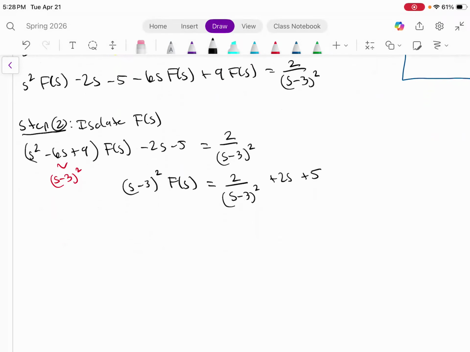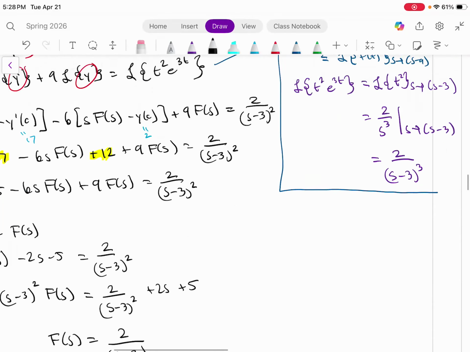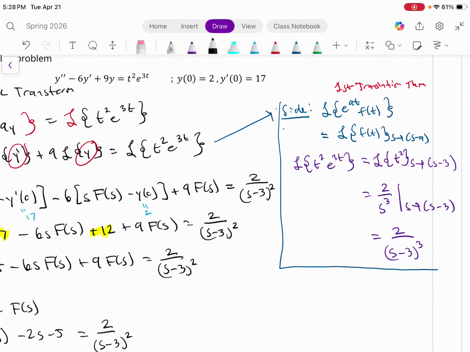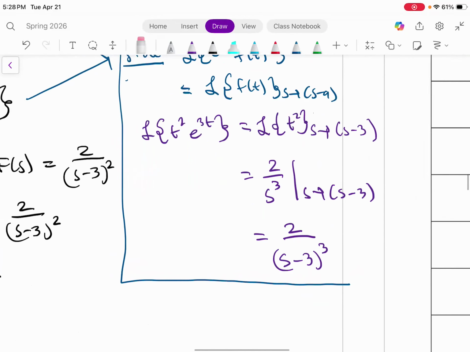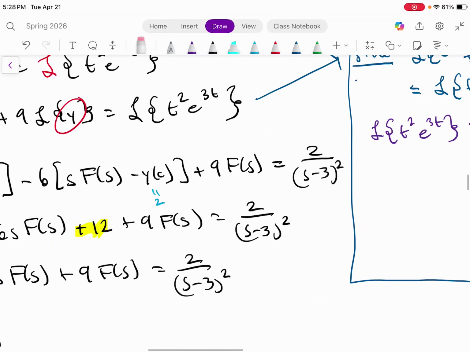And now what I want to do is divide over that s minus 3 squared. So when I divide over that, what I would end up with is 2 over s minus 3 to the... excuse me, we found that it was 2 over s minus 3 cubed, but I keep writing squared in the problem.